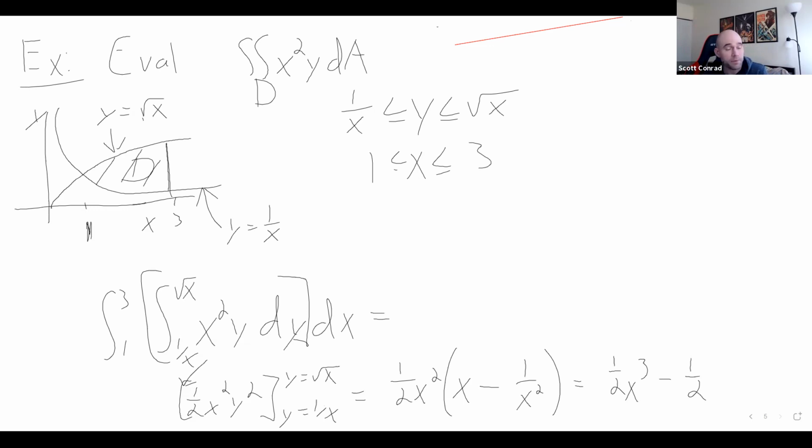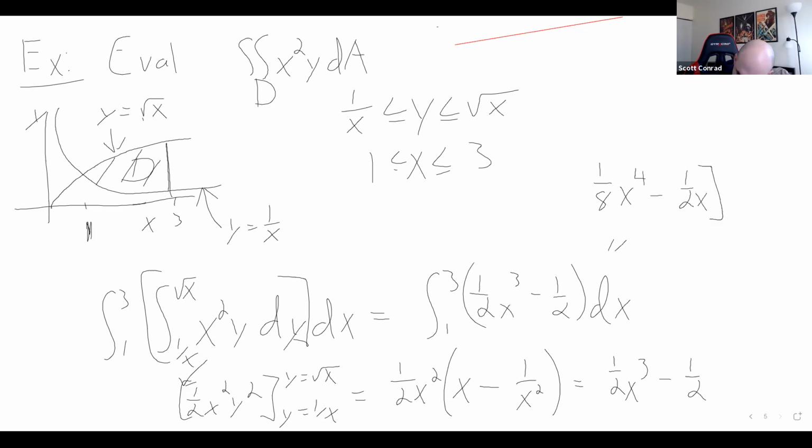So that's our inner integral. Now we just have a function of x, and we integrate that from x equals 1 to 3. So 1/2 x cubed minus 1/2. Give myself some room. So 1/2 x cubed becomes 1/8 x to the 4. And minus 1/2 becomes minus 1/2 x. And we're evaluating that from x equals 1 up to x equals 3.